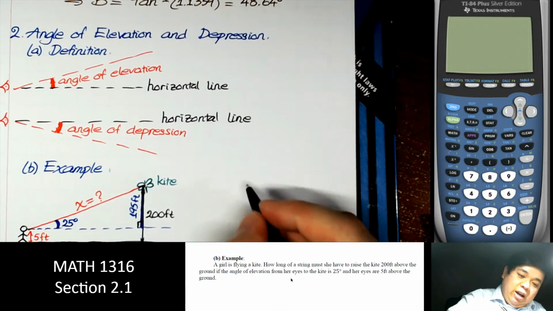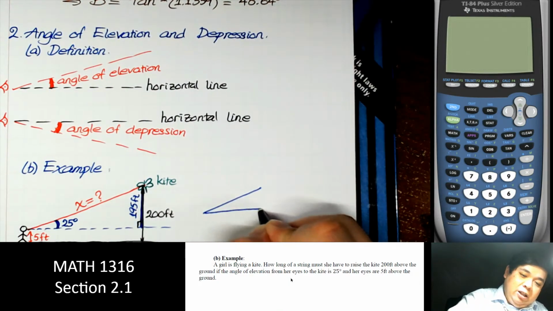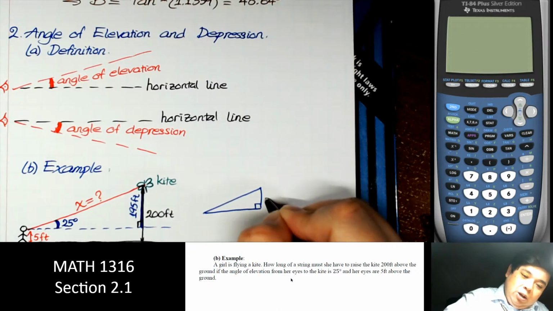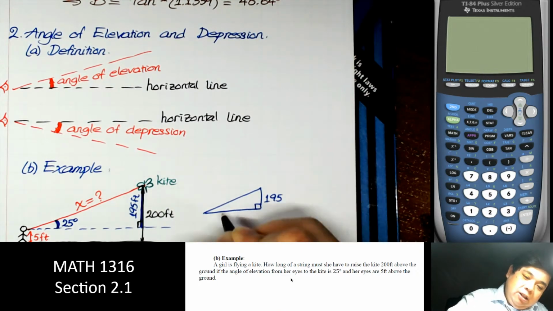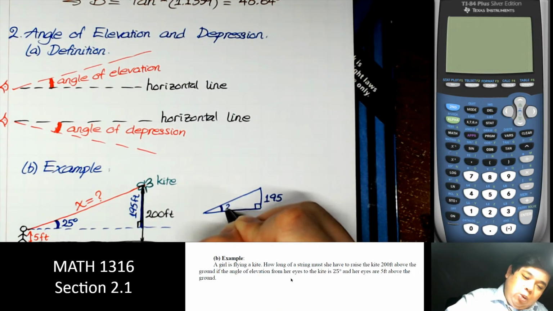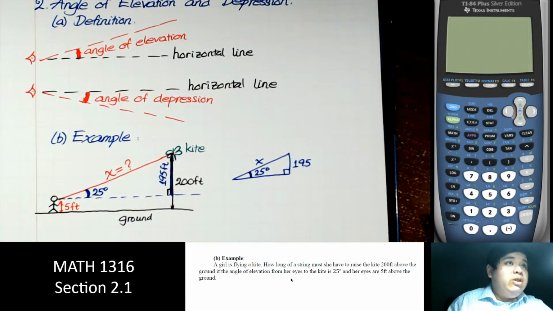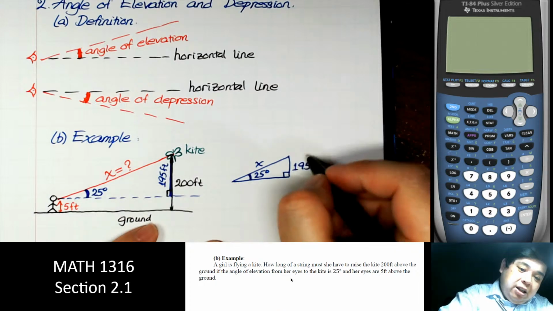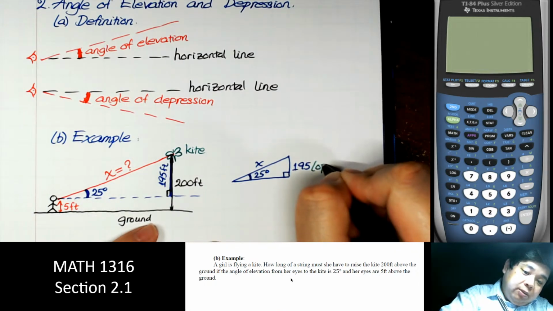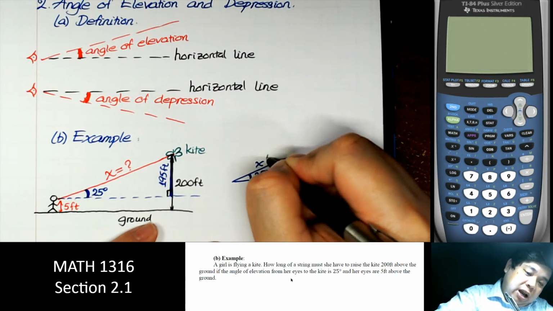And then we ask to find x. So quickly, 195, 25 degrees, and x. Now with respect to 25 degrees, what we have is opposite to that angle, and that is hypotenuse.